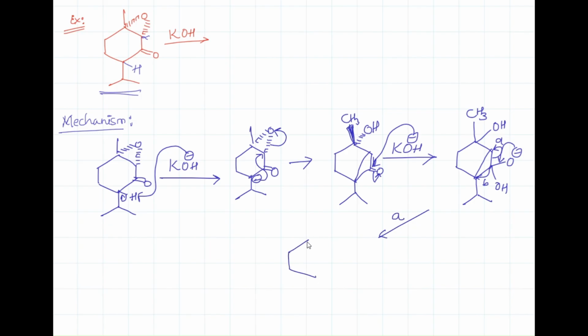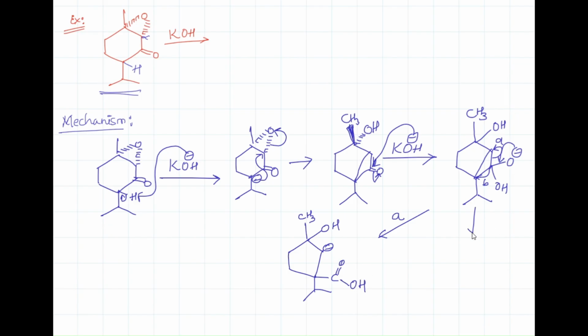A 5-membered ring has been formed, right? Here CH3 is there and OH is there, and this carbon contains a negative charge. Here the isopropyl group is there along with C double bond O, OH, right?